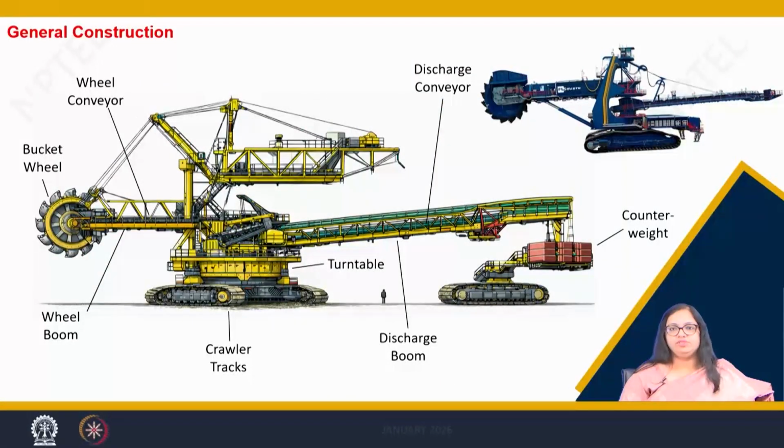In India, the bucket wheel excavator is mainly used in Neyveli Lignite Corporation Limited, where there is soft coal, which we call brown coal. It is one of the softest coals, the lignite. So there these bucket wheel excavators are used.